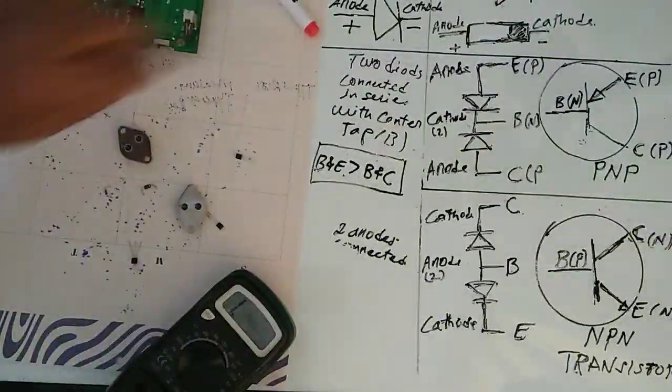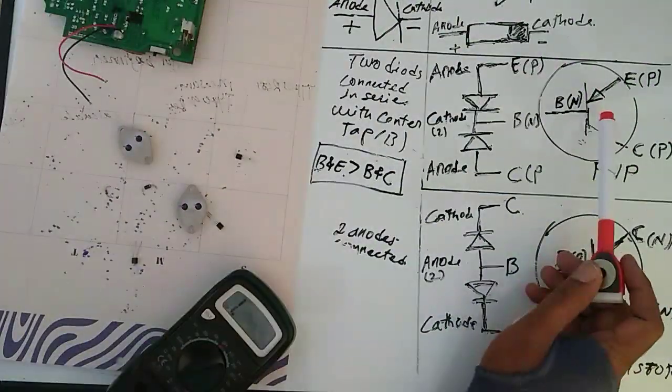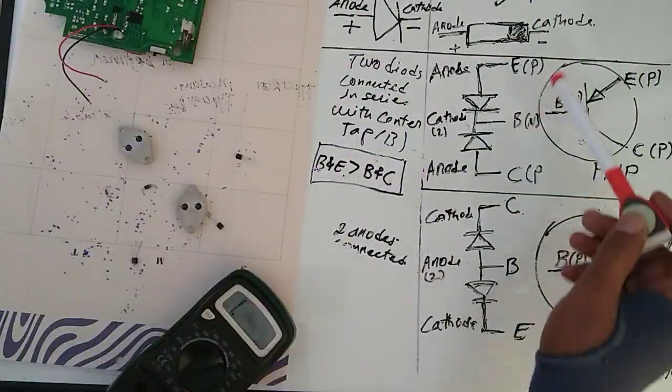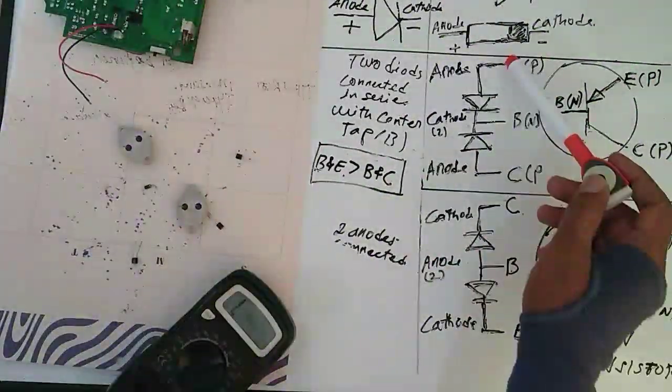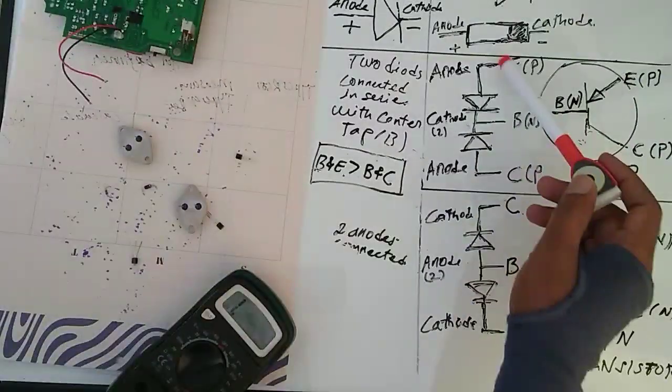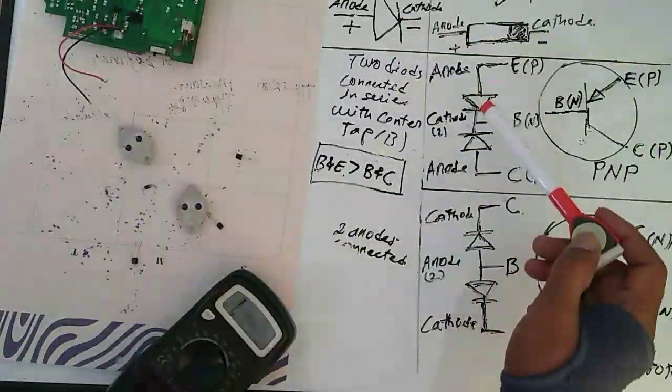The transistor has the same configuration. It has an emitter, a collector, and a base. This one is also the same: emitter, base, collector. If you measure from here to here, positive here, negative here, we get a reading.